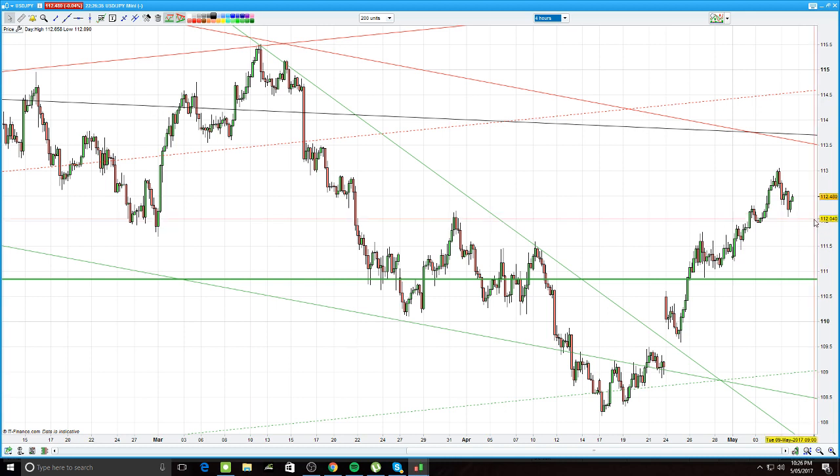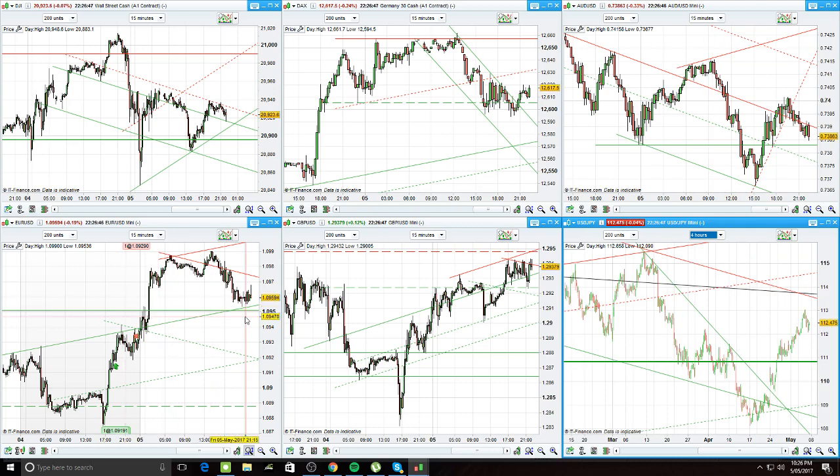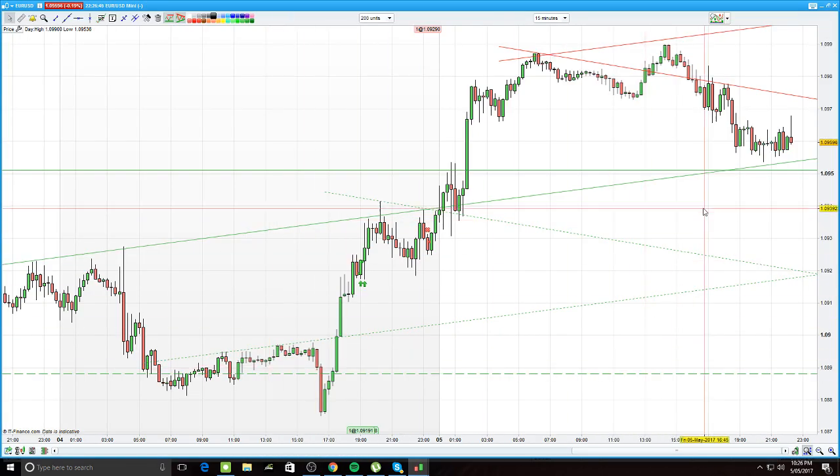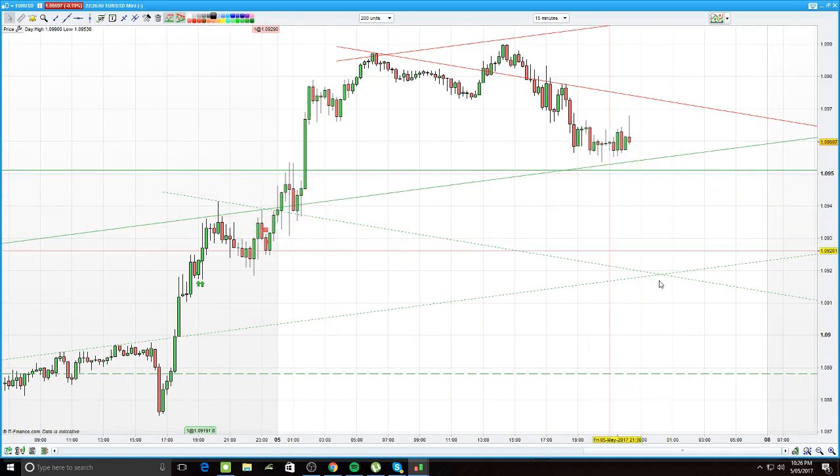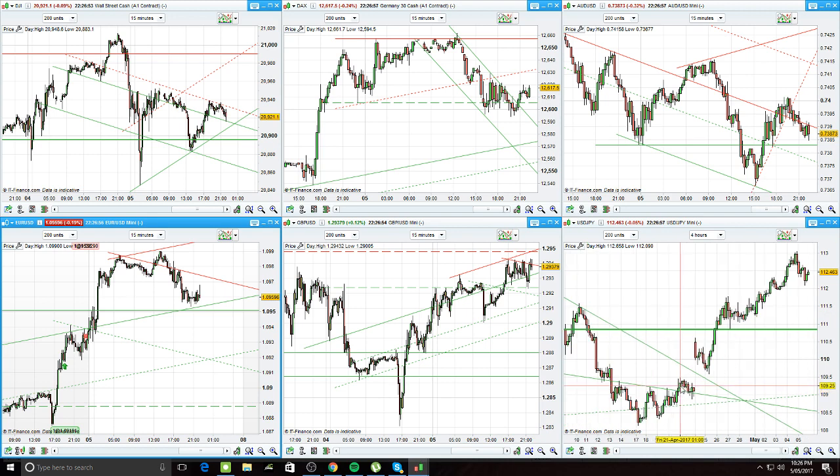So I'd be actually wary of buying higher if the data comes in strong on the dollar yen, and I'd be much happier to go ahead and buy the euro dollar on a dip after strong data, if that makes sense. That's the way I'll be playing it, and I suspect that we will have a whip no matter what.